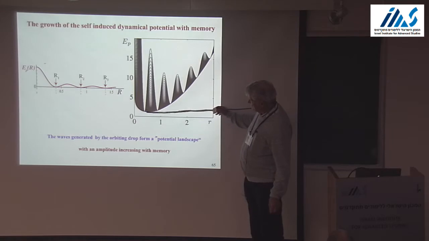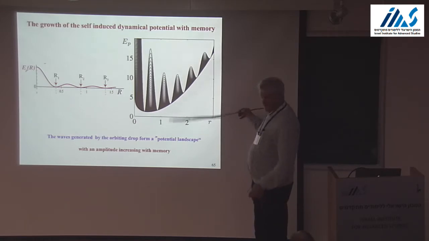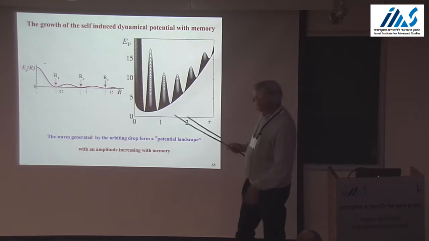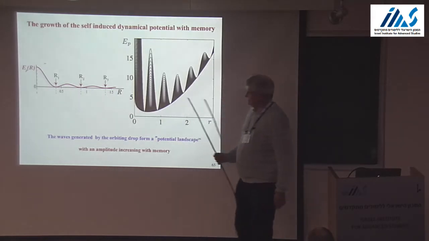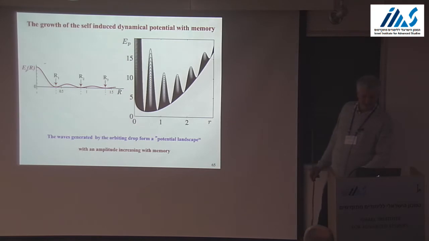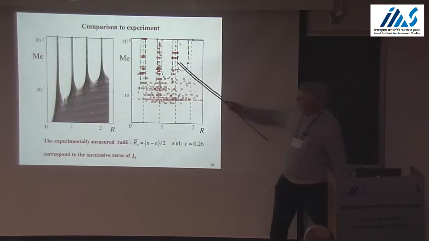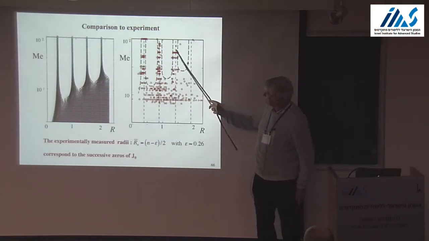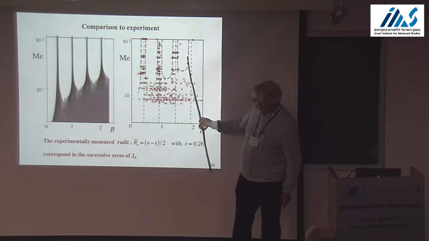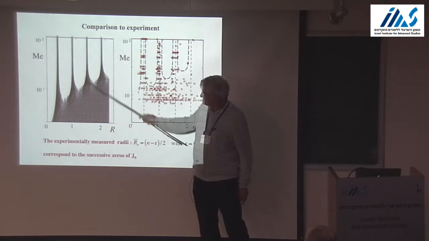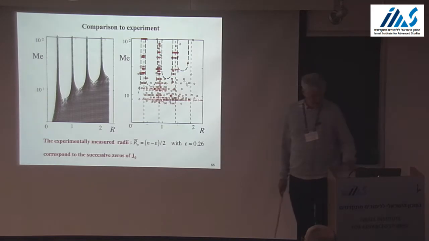When the drop is in those regions, it has a stable orbit and there is no extra force. And if it has a wrong radius, then there is an additional force. And this explains why these orbits become discrete. This is the experimental observation, and this is the numerical simulation of this effect.